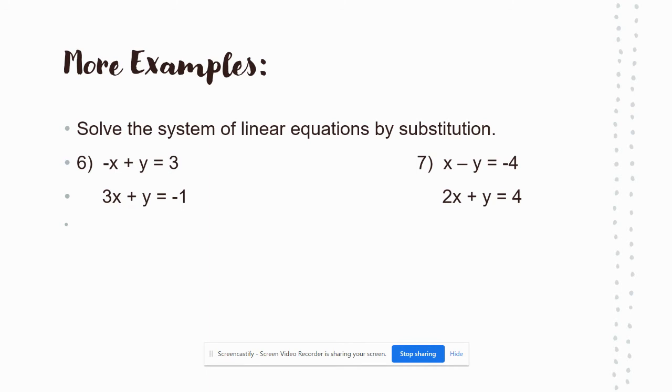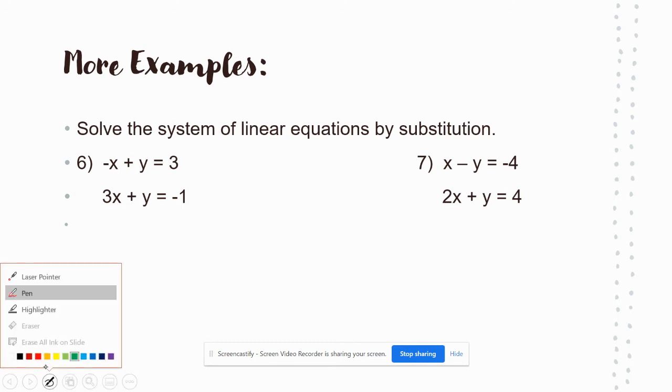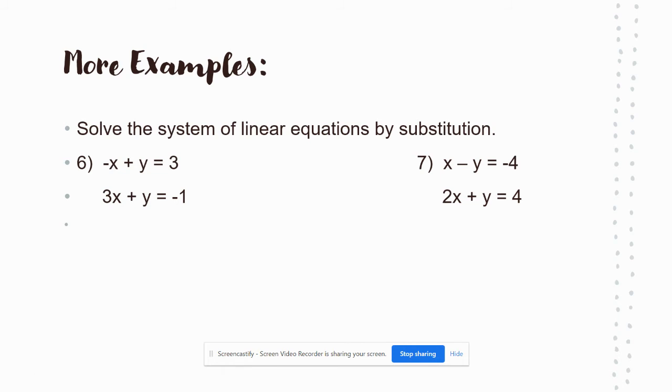In example 6, we're still using substitution, but this time we're asking, do we have anything solved already for x or y? And in this case, we do not. It doesn't matter if we solve the top equation or the bottom equation, and it doesn't matter if we solve for x or y. So let's say I choose to solve for y on the top equation.